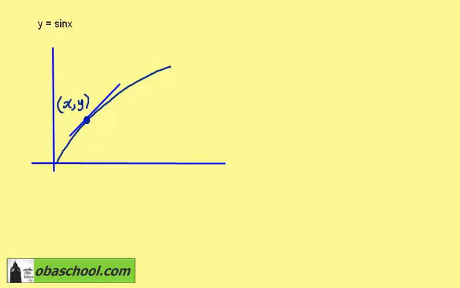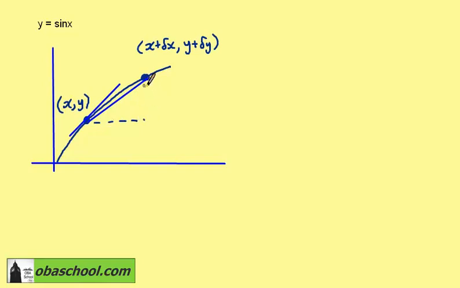To approximate the gradient of this tangent, we take a chord, so we need a second point a little bit away from x at x plus delta x, and the y-coordinate is y plus delta y. So the gradient of the chord here is used to approximate the gradient of the tangent.